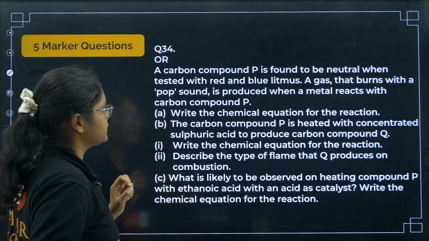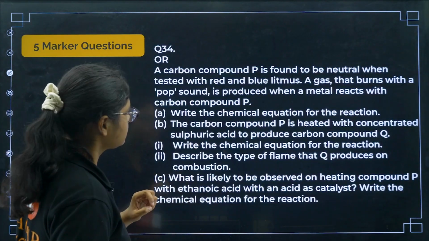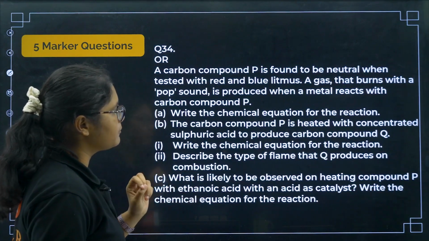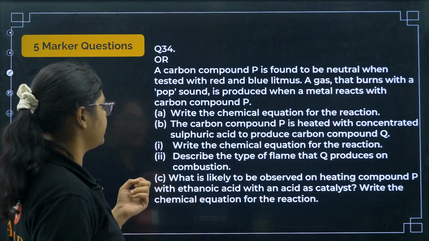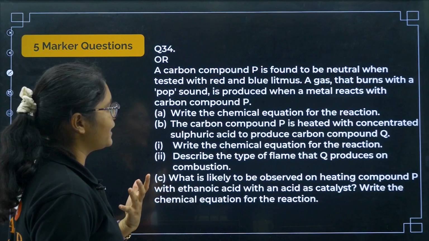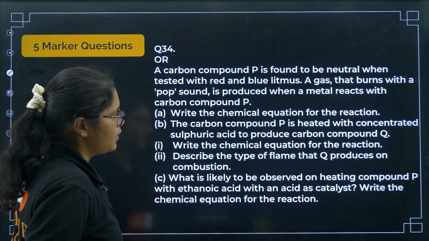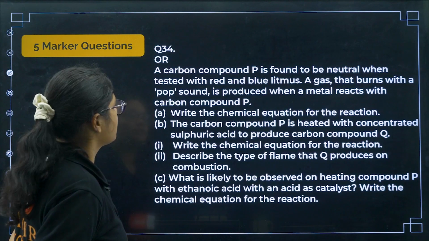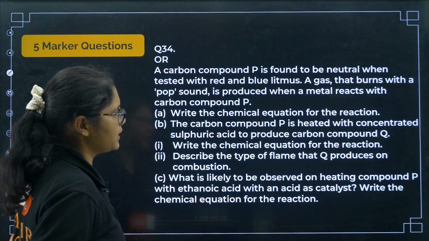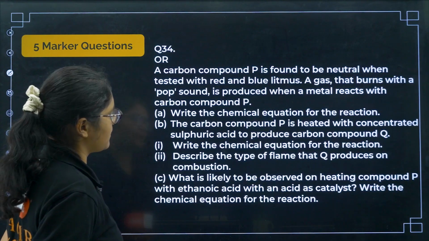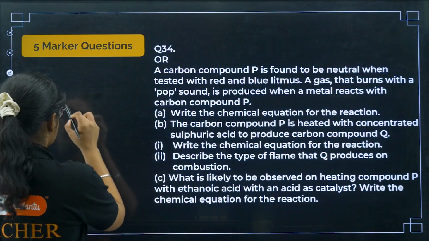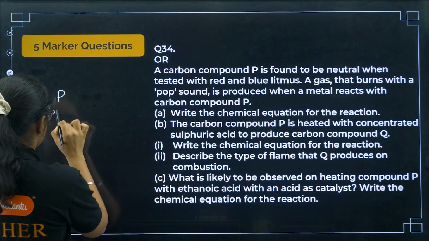Now coming to the next question. A carbon compound P is found to be neutral when tested with red and blue litmus. It was neutral. A gas that burns with a pop sound is produced when a metal reacts with carbon compound P. So carbon compound P is there, which is neutral.